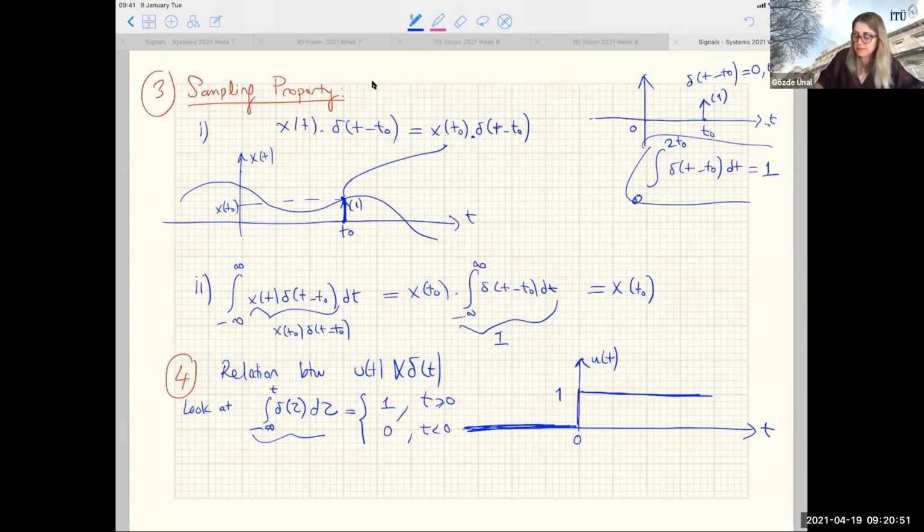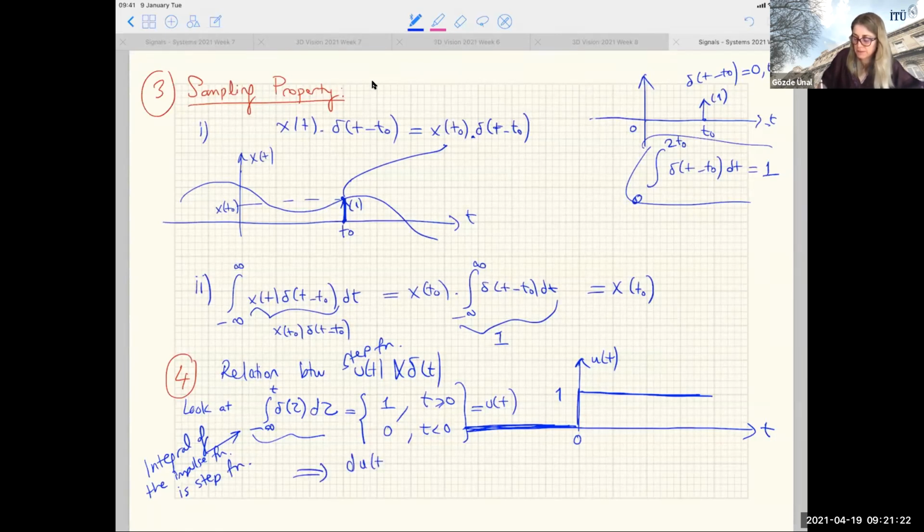This is exactly the definition of the step function. You see, the integral of the delta function, or impulse, as I sometimes say, is the step function. This is step, right? Step function or Heaviside function.